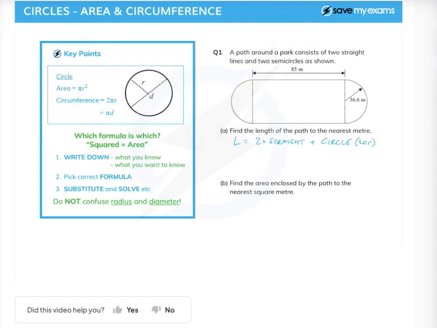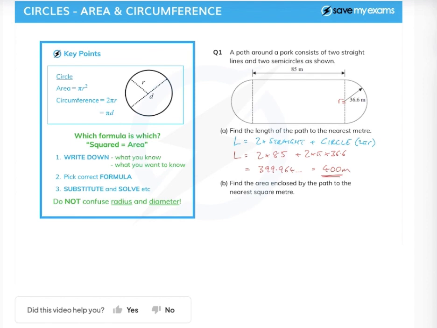Now do we know what's what? Well, we know that r is 36.6, and so we can now just do 2 times 85 plus 2 times pi times 36.6, and that is 399.964 something something something, which to the nearest meter is of course 400 meters.